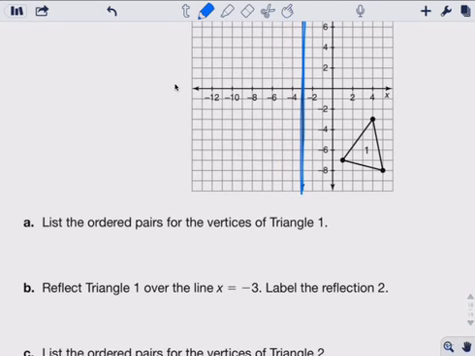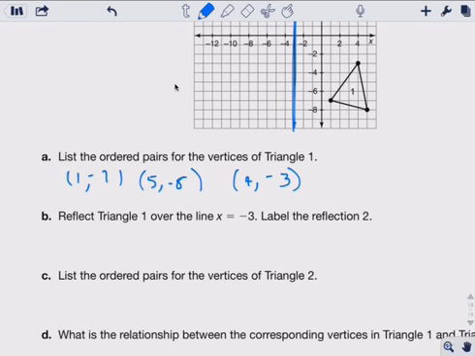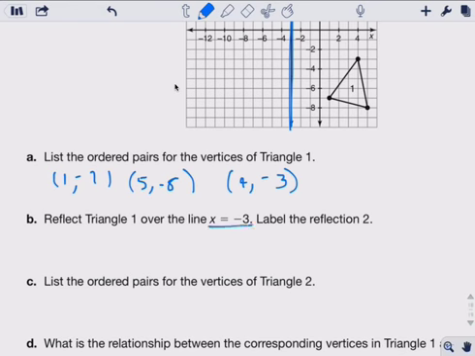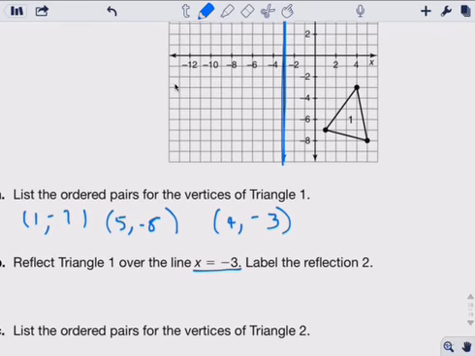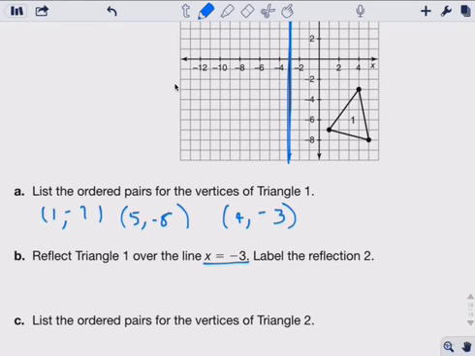Okay, list the ordered pairs. 1, -7. 5, -8. 4, -3. Over, okay, x equals -3. Well, basically the y stays the same.